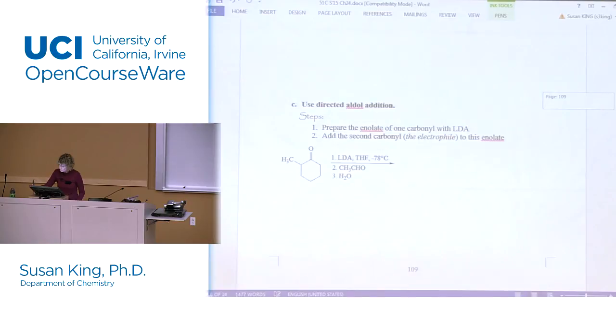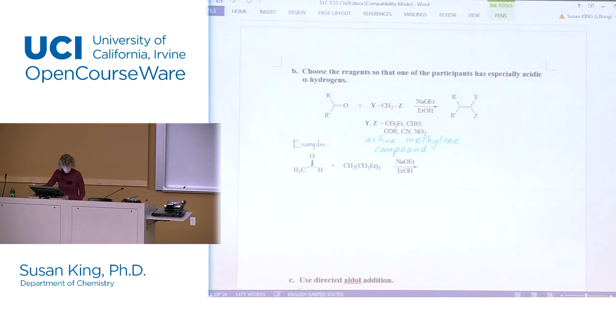So let's go through that. Most acidic hydrogen in the active methylene position. Which carbonyl is more electrophilic? We have an aldehyde and we have a diester.